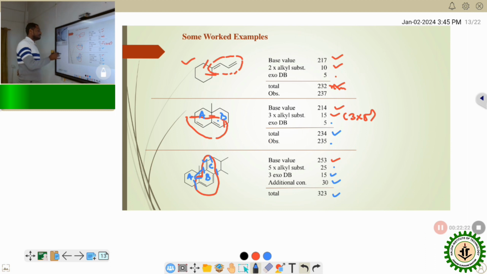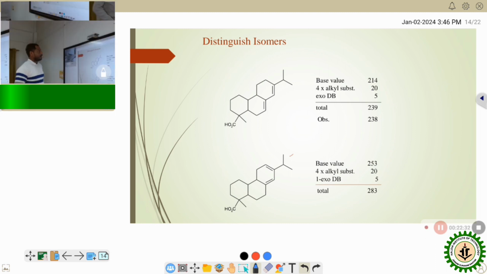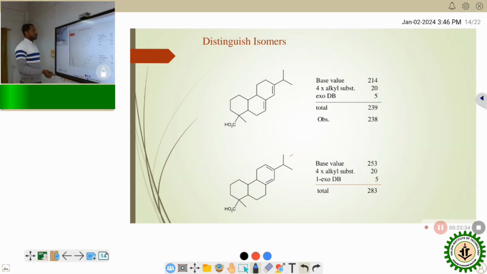So this is the calculation of an unknown compound, unknown sample, by using the Woodward and Fieser rules. Now we can also identify isomers. If we take this type of compound, we can easily identify it by using UV-visible spectroscopy.